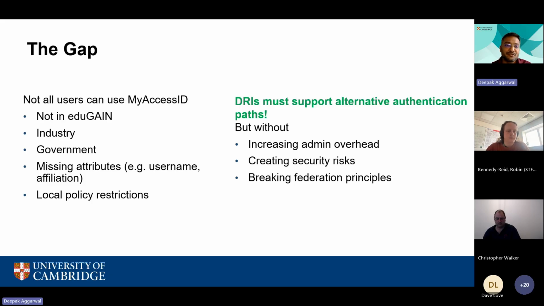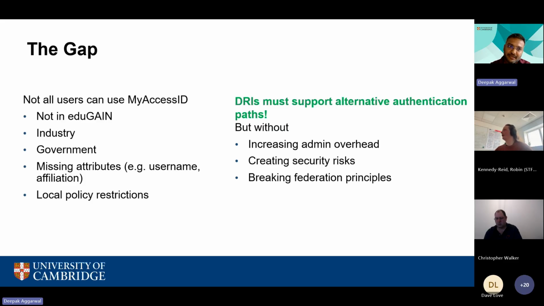And just to tell you, this is not an edge case. In today's time, we have projects where in a single project you'll have users from university, users from industry, and users from outside UK as well. In this collaborative environment of research, there is a gap where the DRIs must support alternative authentication methods.